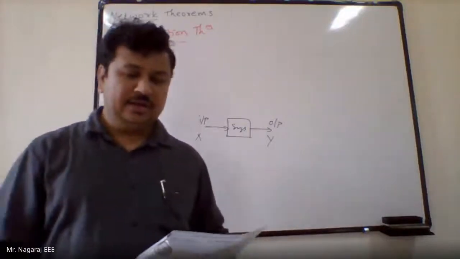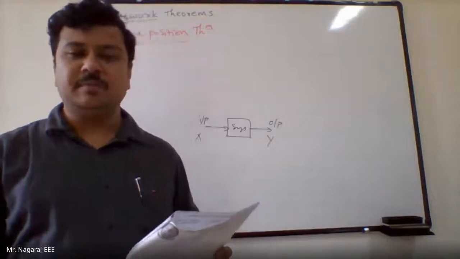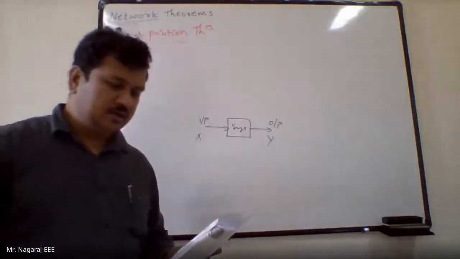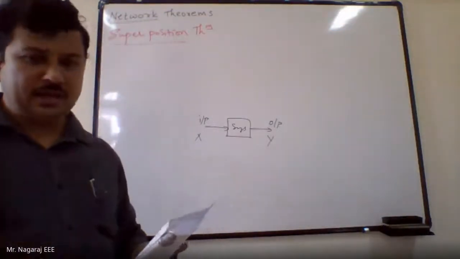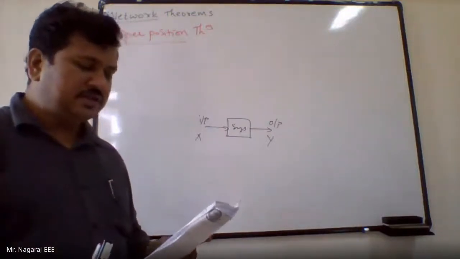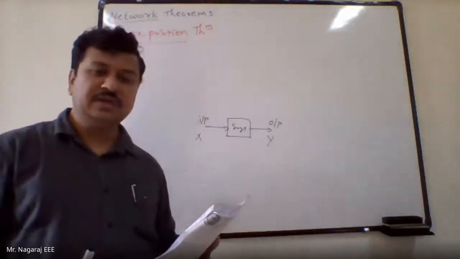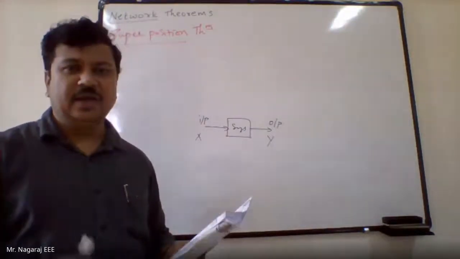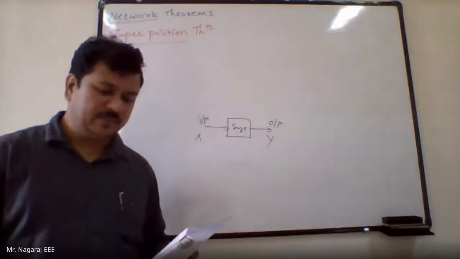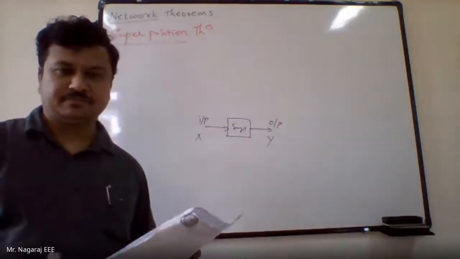In any linear bilateral network having more than one independent sources, the response in any element is algebraic sum of all the responses due to each independent source, acting independently, keeping all other sources inactive.